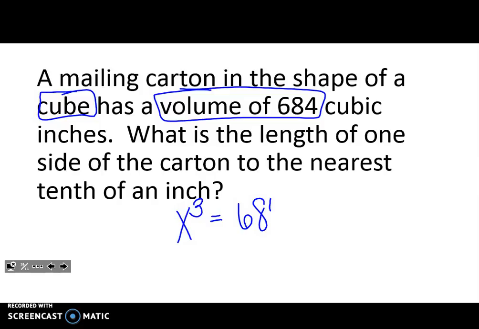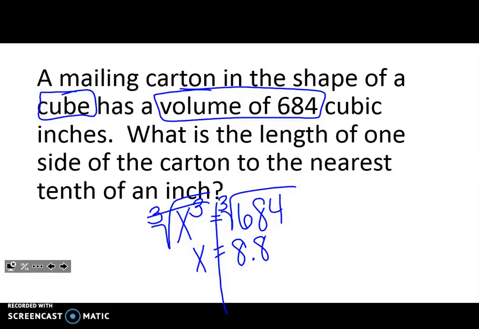So you set it equal to the volume, and you solve. To get rid of the cube on the exponent, I have to cube root both sides. When I do that and round to the nearest tenth of an inch, I get 8.8 inches.